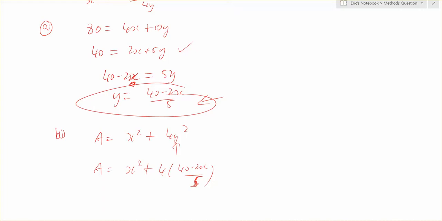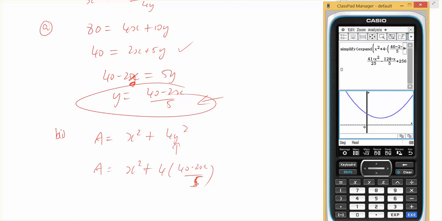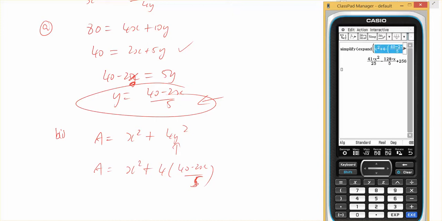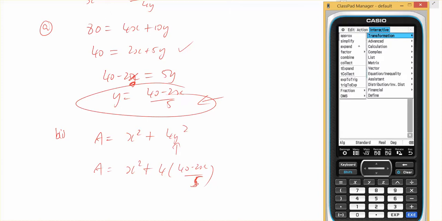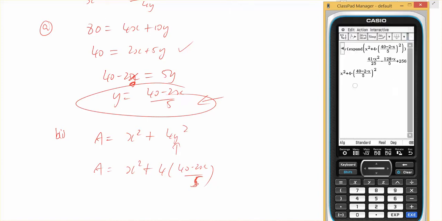However, it's always good to simplify our expression, so I can enter this on a calculator. I'll just copy that expression. What I did was I went interactive, transformation, expand, okay, and we are left with that expression.